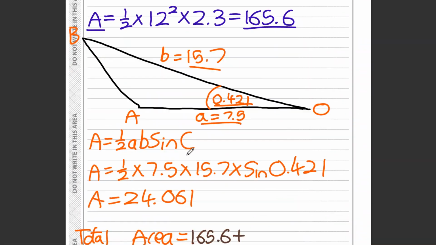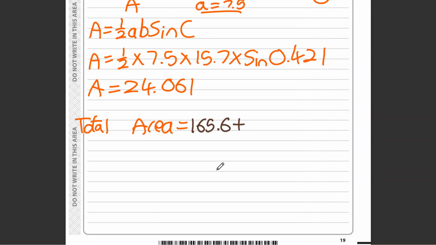Now we know the area of one triangle is 24.061, so it's going to be 2 times 24.061 because there are two triangles.